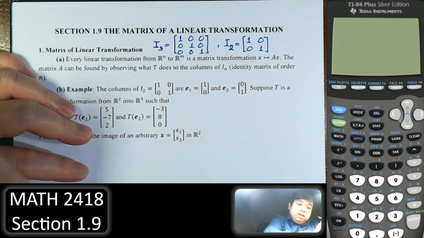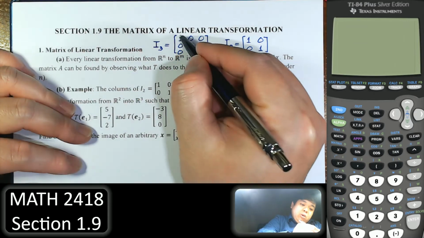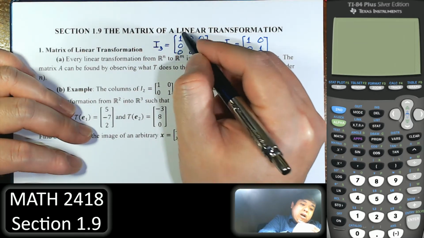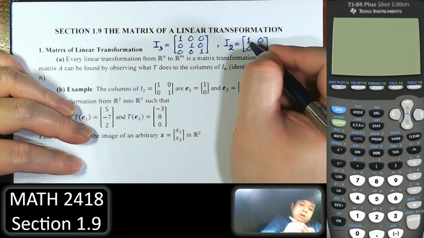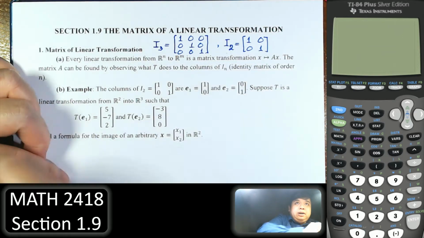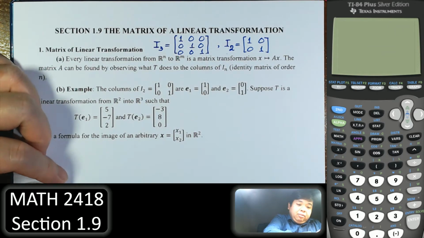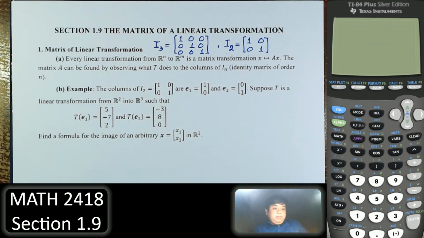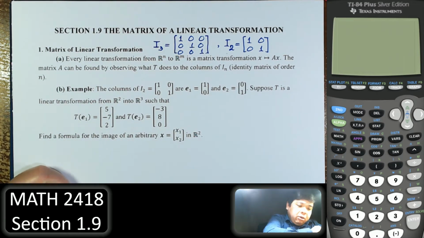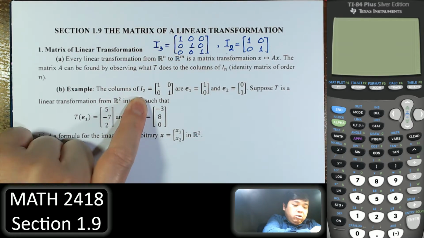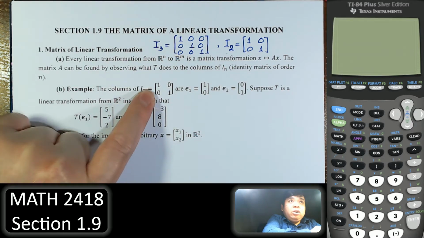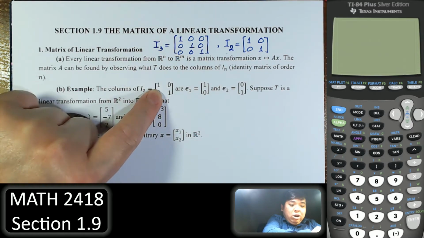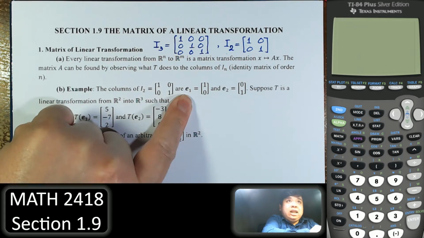And if this is the identity matrix, we call the columns e1, e2, and e3, or e1 and e2. And e is the column of the identity matrix.